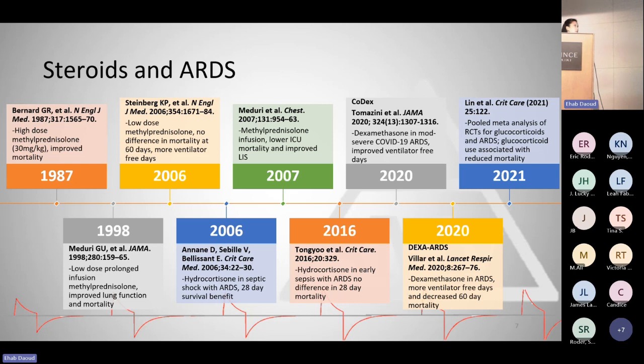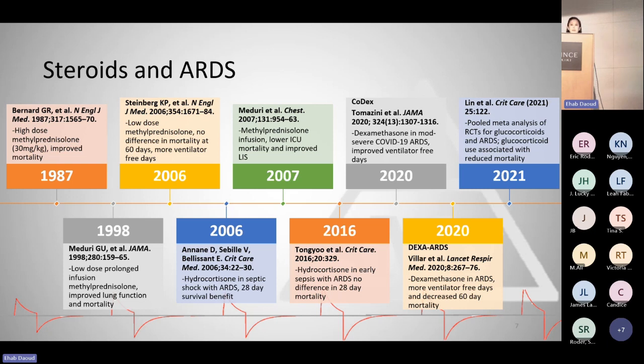Later on, we have the LaSRS study that Steinberg and his colleagues put out. This study showed that steroids after 14 days showed no benefit, but if initiated prior to 14 days, it did show some benefit in mortality and improved ventilator days.